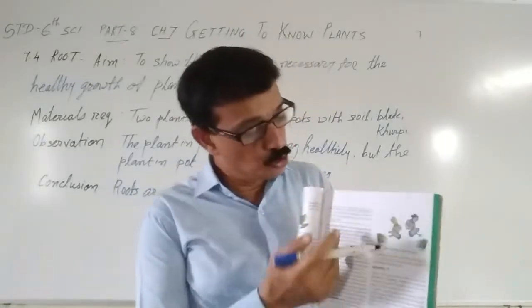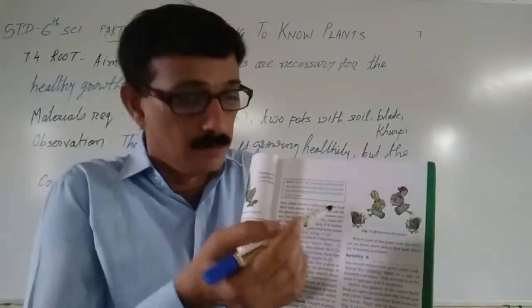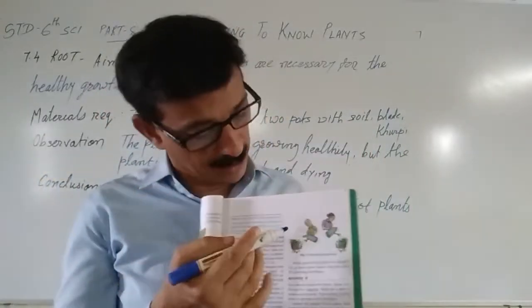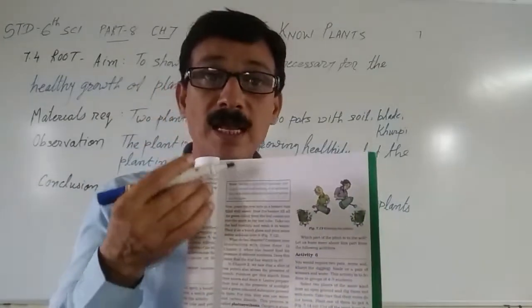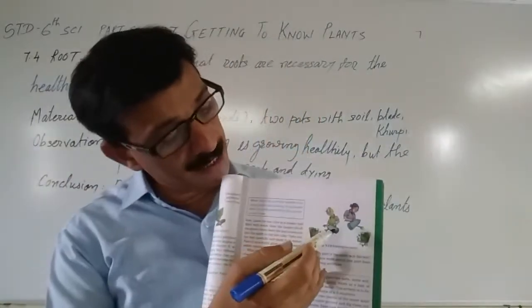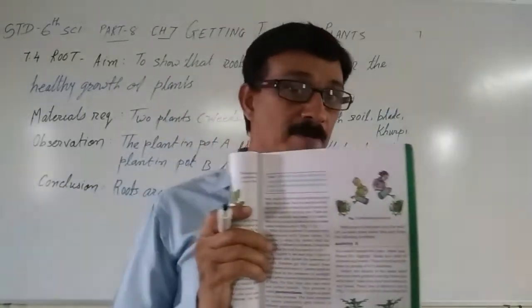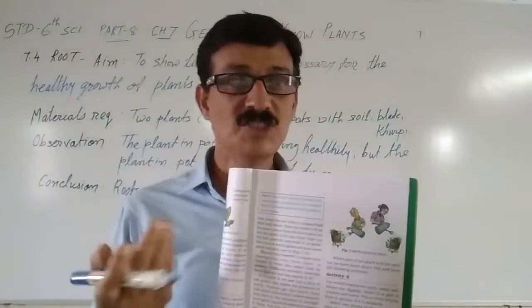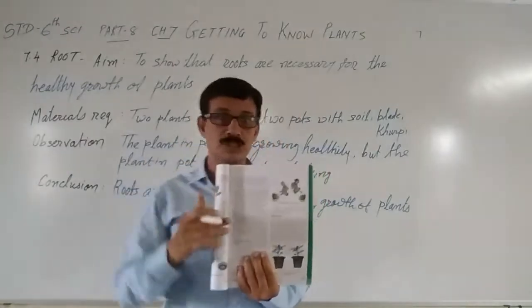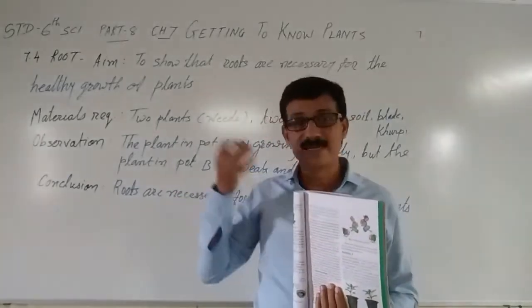But can you see, Bujo is watering the leaves of the plant, which are outside the pot. And Paheli is watering in the pot. So who is watering in the right way? Naturally, Paheli. Why? Because we should water the plant at the roots. That we know. But why is it so? That we will discuss in the next activity.